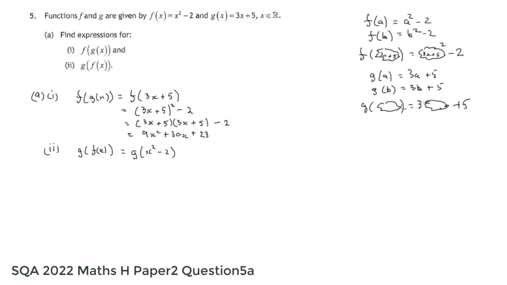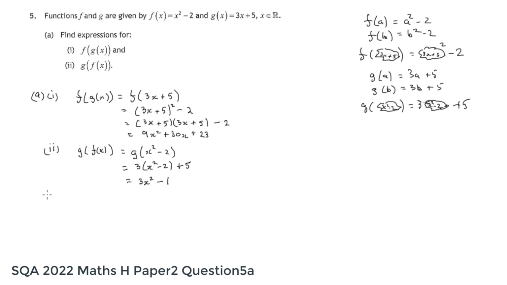It's x squared minus 2. So there's our answer to that part. We do 3 lots of x squared minus 2, plus 5. And that can be simplified: 3x squared minus 6, 3 lots of negative 2, minus 6 plus 5 is minus 1. And again, a quadratic expression.